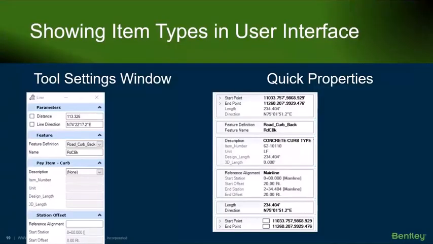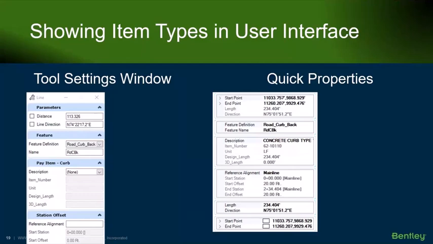All right, moving on now to another topic. So we've gotten some feedback over the past couple releases that sometimes item types being displayed really kind of get in the way of things. And two particular areas that's true in are the tool settings window and the quick properties window. So tool settings window, think about something, for example, like I'm placing a geometry line.